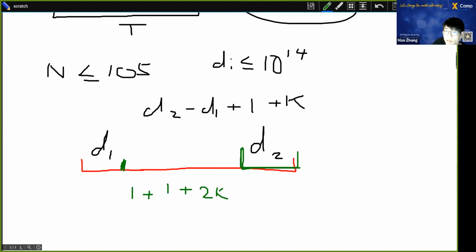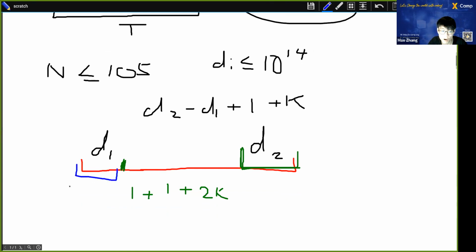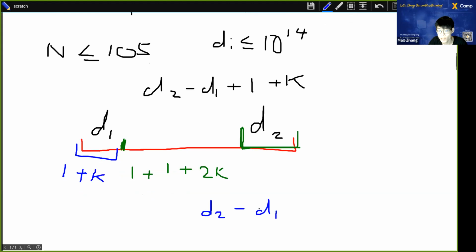What we're really comparing is this: the subscription starting at D1 already costed 1 for the number of days plus K. The extra cost incurred when we consider day 2 is either to be added to our old subscription, which adds a cost of D2 minus D1, or starting a new subscription, which adds a cost of K plus 1.